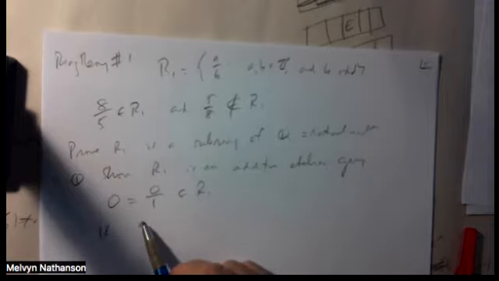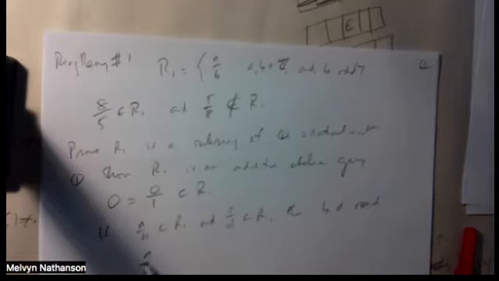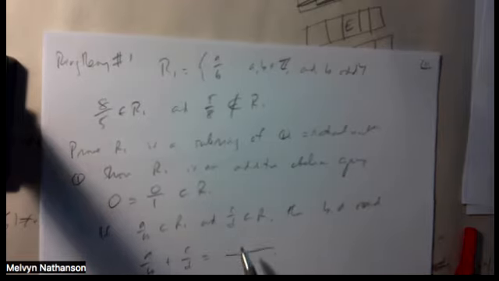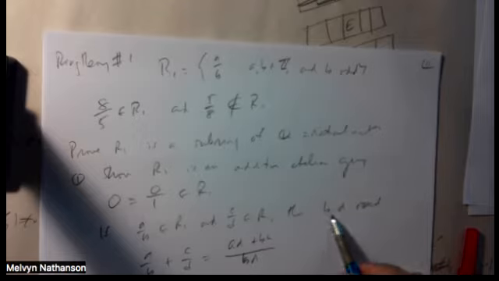If, let's say, A over B is in R1, and C over D is in R1, then B and D are odd integers. If you add A over B plus C over D, this is AD plus BC over BD. And if B and D are odd, BD is also odd.